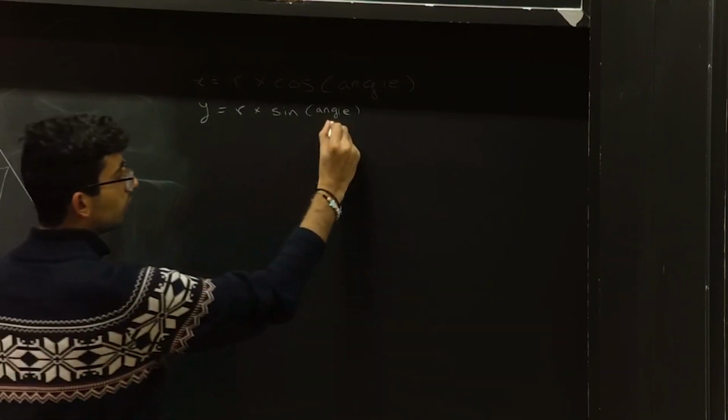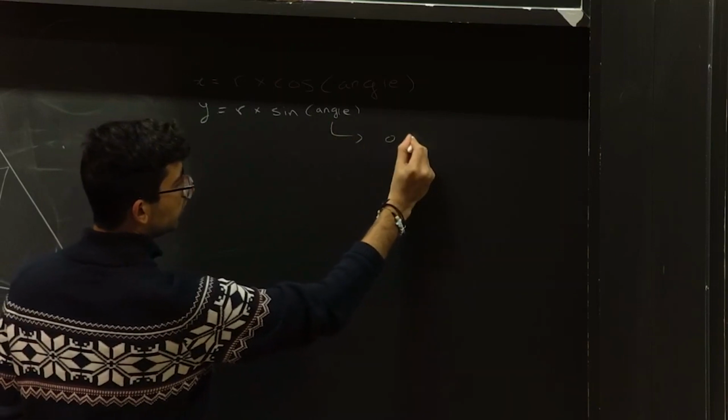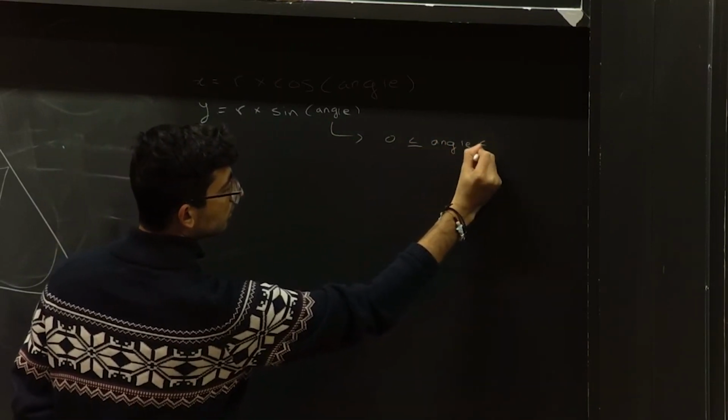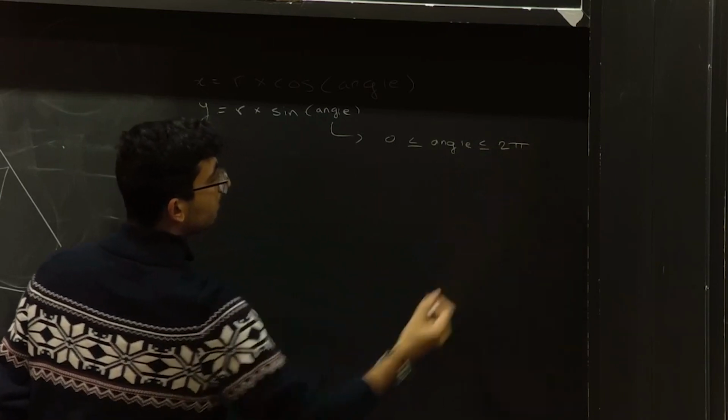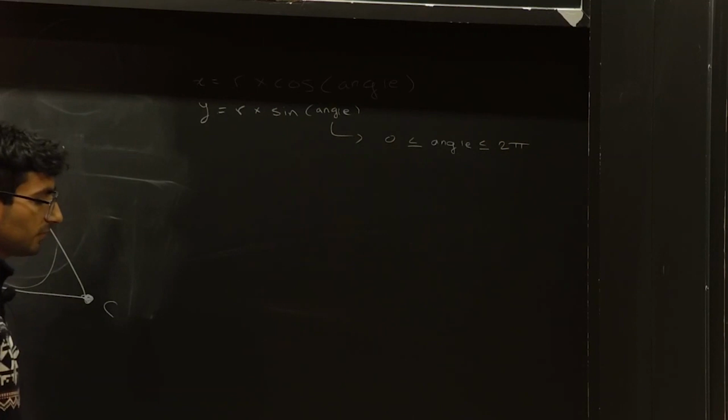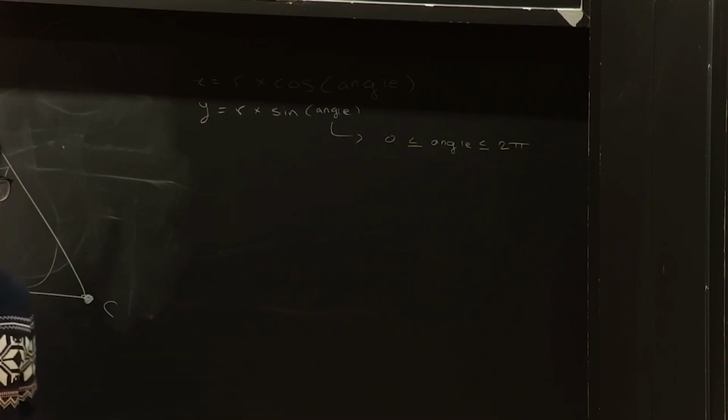If we're talking in radians, this has to be between 0 and 2 pi. And so if we want just the vertices of, say, a triangle, then yes, question.